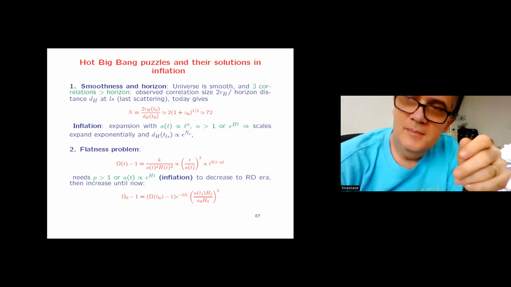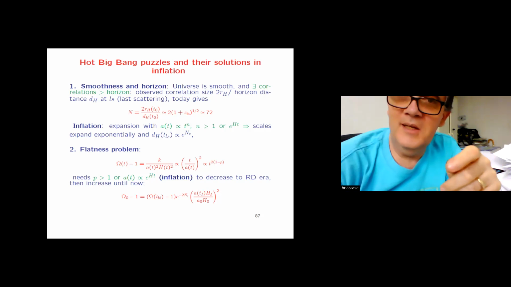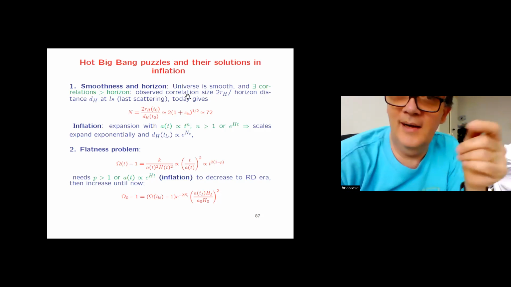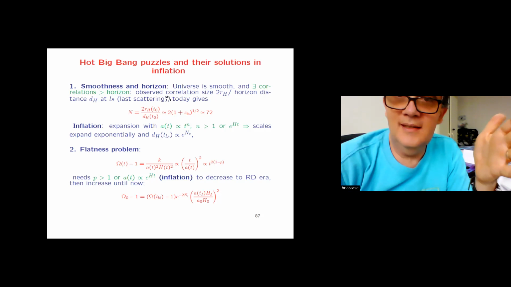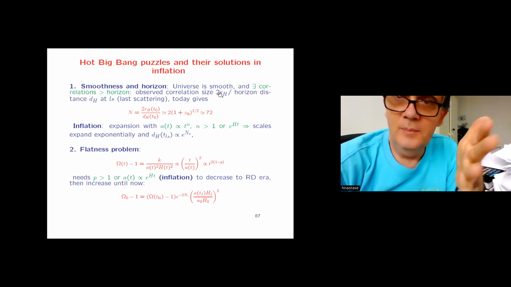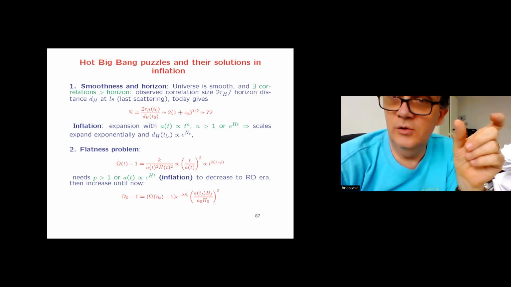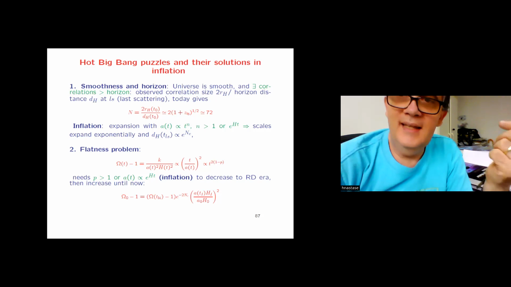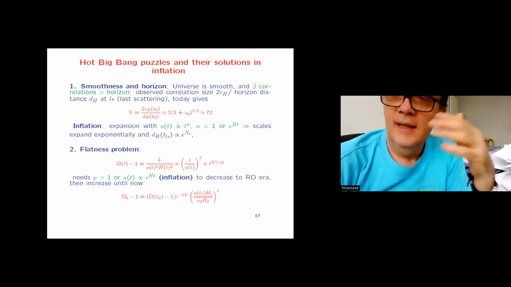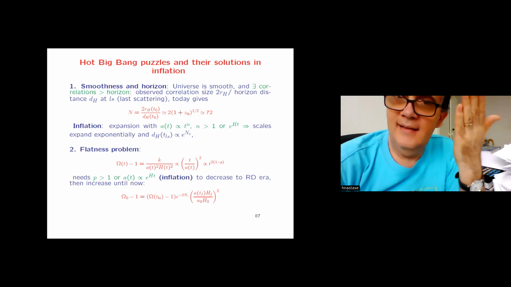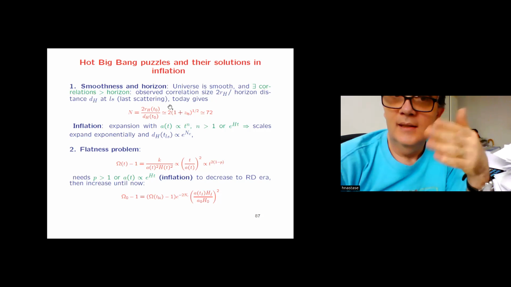So one concrete measure, so GR is slightly confusing, so you might think that maybe this is just an error of calculation, but it's not. If you do things properly, what you must consider is the observed correlation size, which is 2 times the horizon radius, divided by the horizon distance at last scattering, which is when CMBR is formed, and you translate that to today.